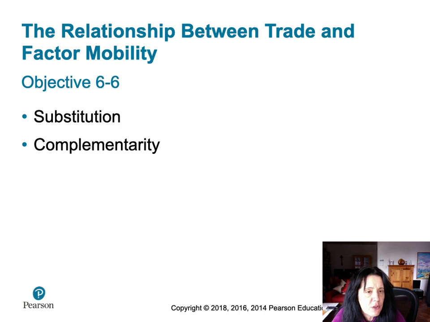Again, if you look at the relationship between trade and factor mobility, we focus on the issue of substitution and complementarity, right? Which is all about the relationship between foreign trade and international factor mobility. Substitution is all about this: when the factor proportions vary widely among the countries, pressures exist for the most abundant factors to move to countries with greater scarcity, where they can command a better return.